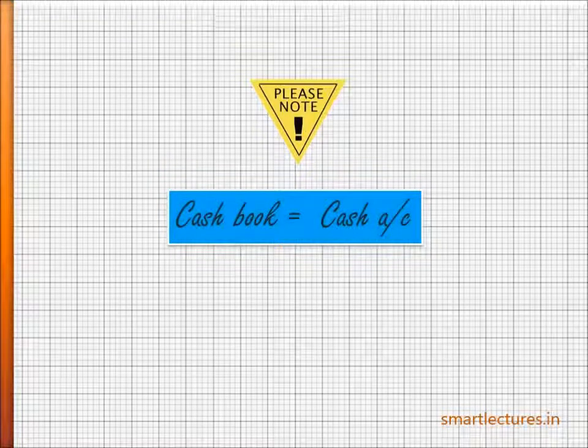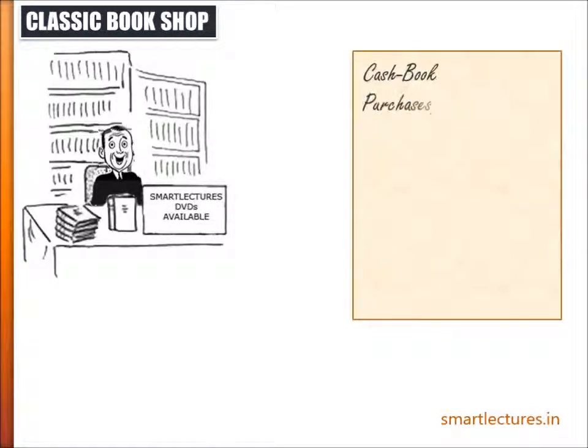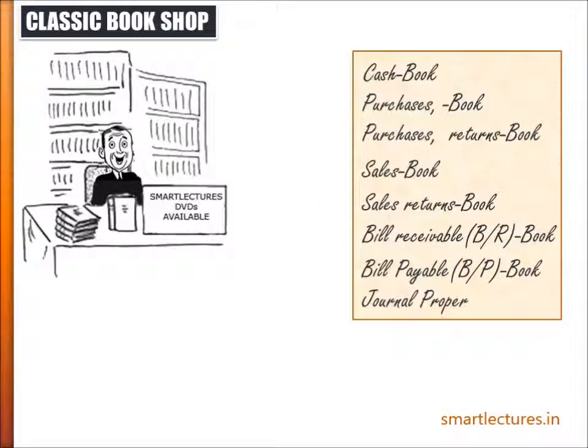Now one thing more I would like to tell you. Suppose you are doing your own business, you are running your own bookshop and you have decided to do the accounting work yourself. So what will you do? Buy one cash book and 7 subsidiary books from the market and buy one more book. That is called principal book.